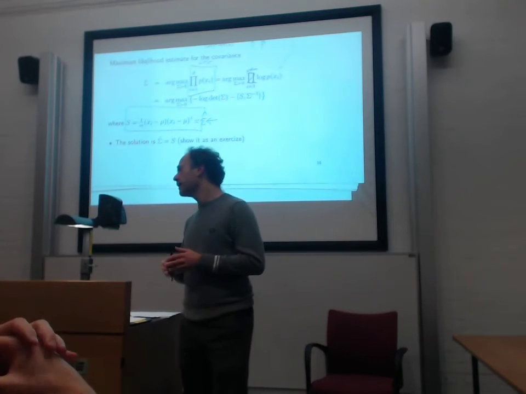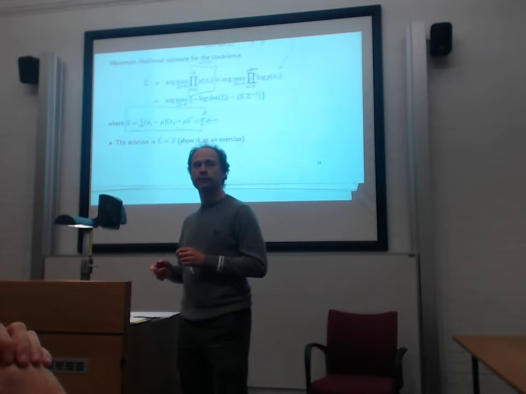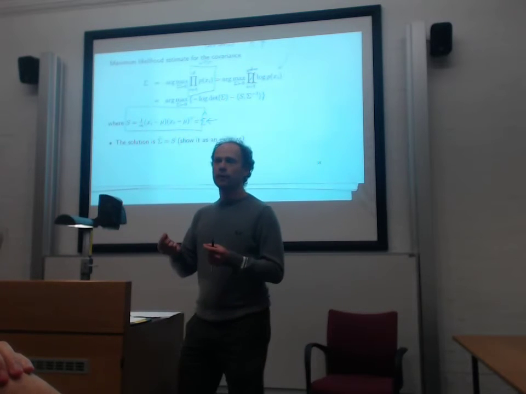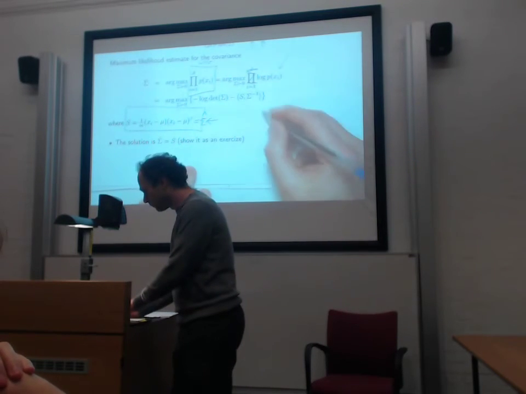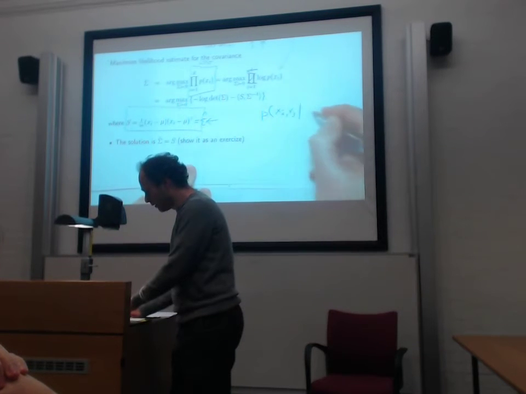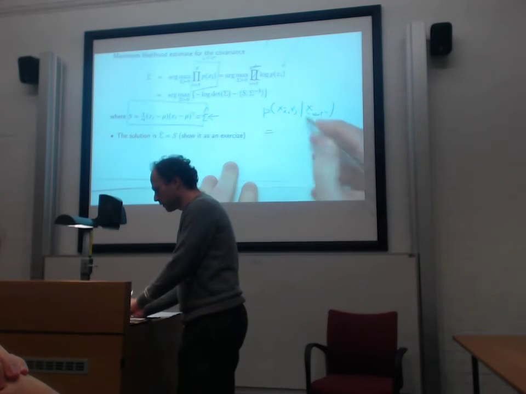And this has an important meaning, because we know that from Gaussian distributions, two variables are conditionally independent, which means that P of x_i and x_j, given the remaining, which we call x_rest, is equal to the product, right?